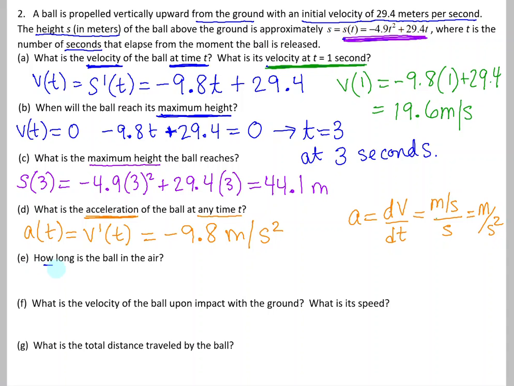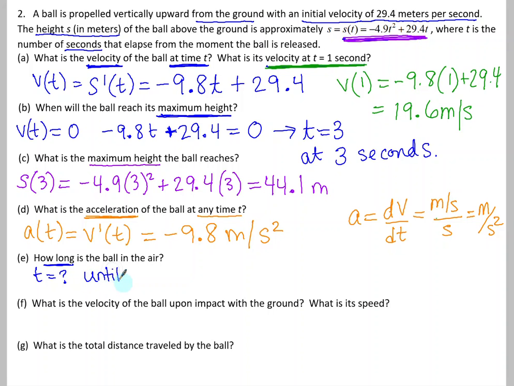E. How long is the ball in the air? Well, if we think about what's happening, a ball is being thrown upward from the ground. So how long is the ball in the air? We're looking for a t value, and we're looking for it from when the position started at the ground until the position reaches the ground again.